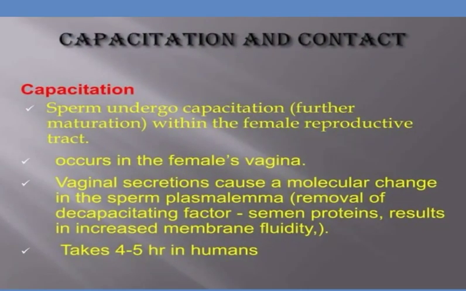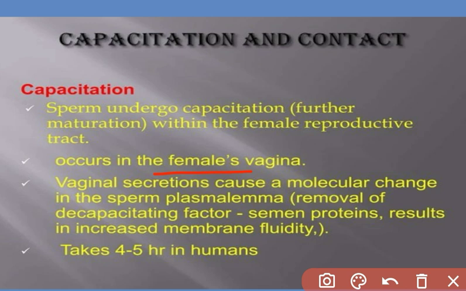Then the second stage is capacitation and contact. In capacitation, the sperm cells, after entry into the female reproductive system, get modified or matured, and this is known as capacitation, which occurs in the female's vagina.